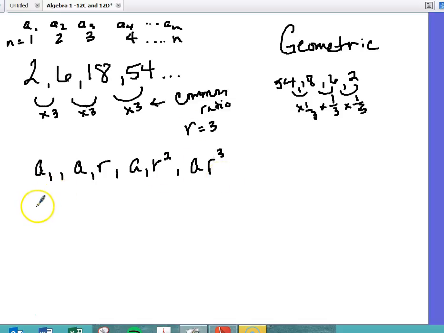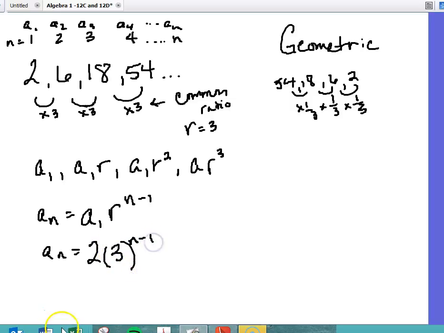So when we are putting together our formula, we say this is a sub n, first term times the common ratio, n minus 1 number of times. By the fourth term, I've multiplied 3 separate times. So for this formula, a sub n equals, our a sub 1 was 2, common ratio was 3, n minus 1.